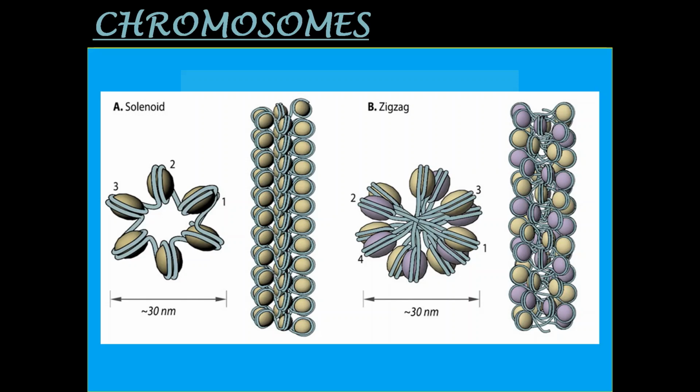We can easily compare solenoid and zigzag model in this diagram. The solenoid model has the linker DNA not passing through the central axis of the fiber, but the zigzag model has the linker DNA passing through the central axis of the fiber, and both are examples of the 30 nanometer fiber.